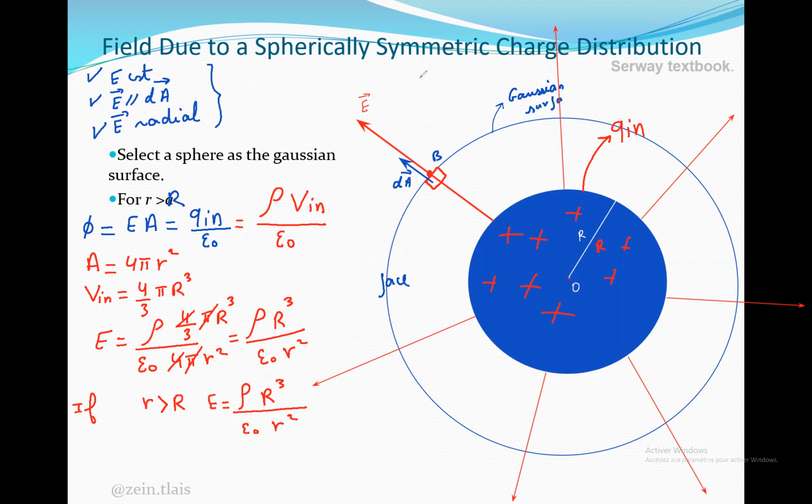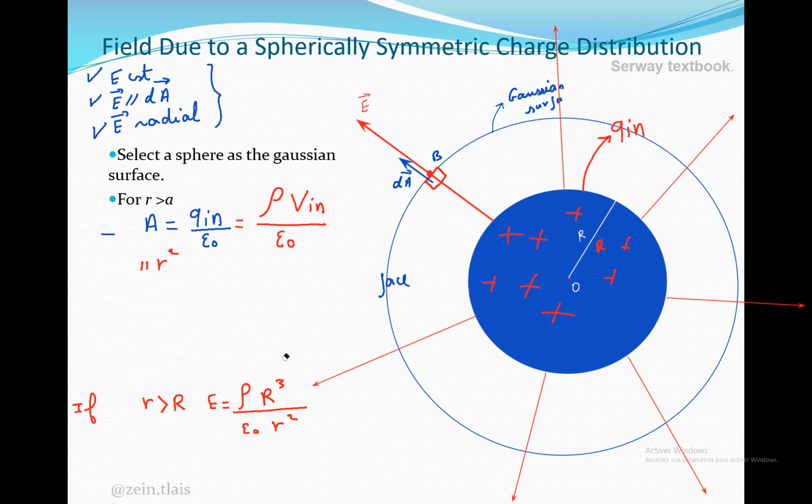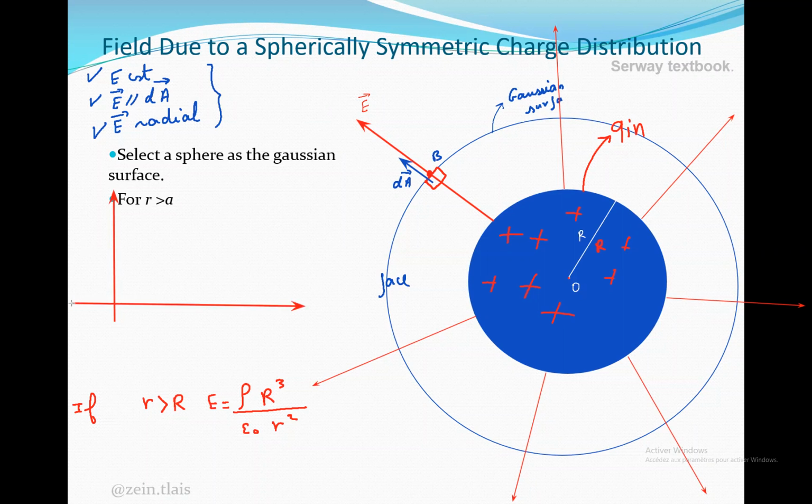Okay, now I want to draw this value on an xy diagram. Here we have x and y.